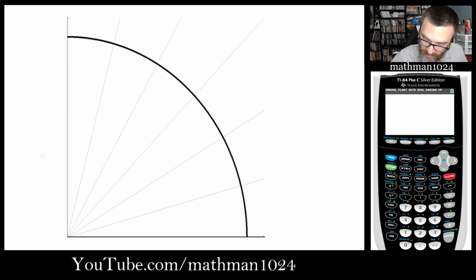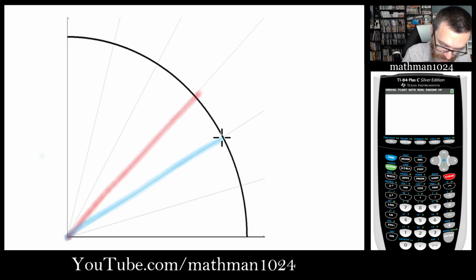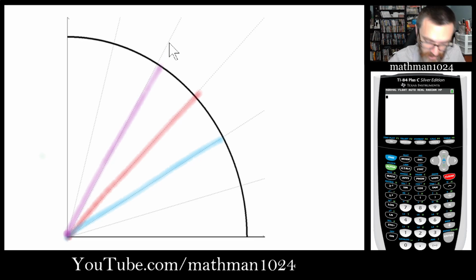So we have our 45 degrees, and then we have 30 degrees and 60 degrees. And what we want to do is we want to look at what the coordinates are for each of these points. Now, starting here is pretty simple.